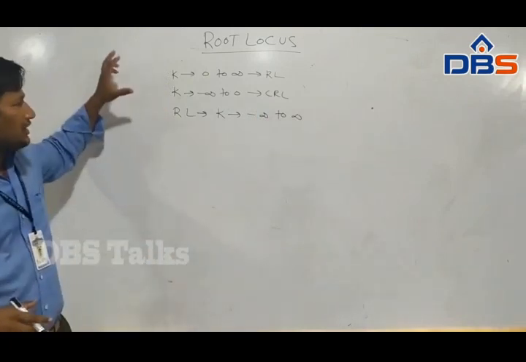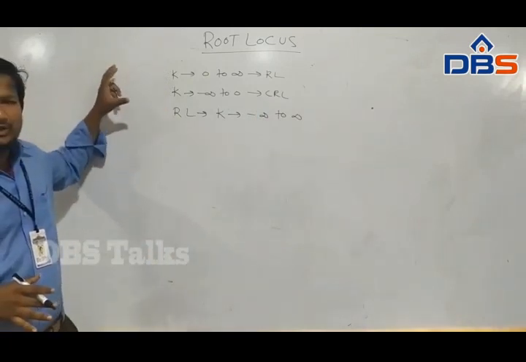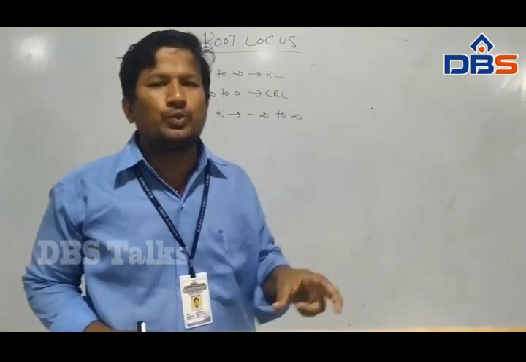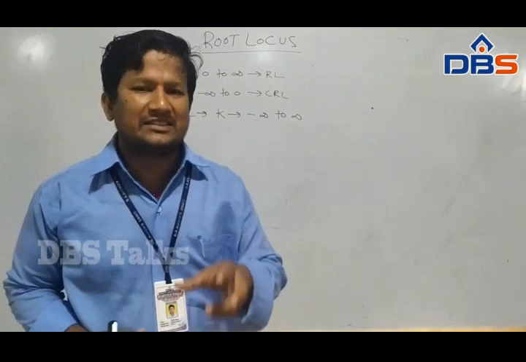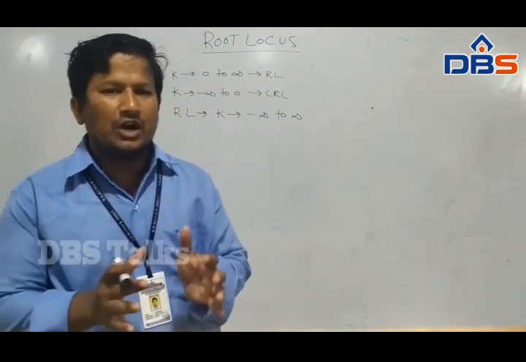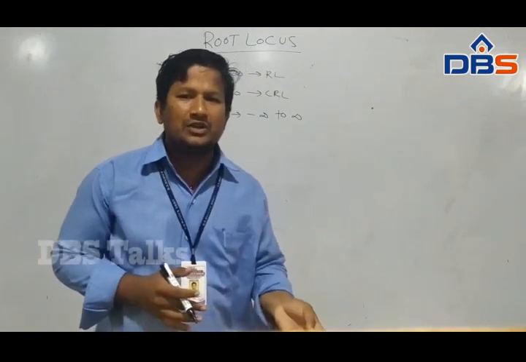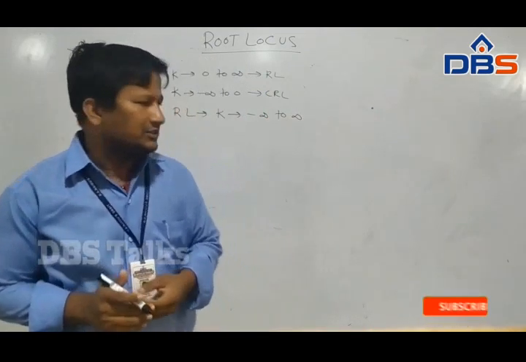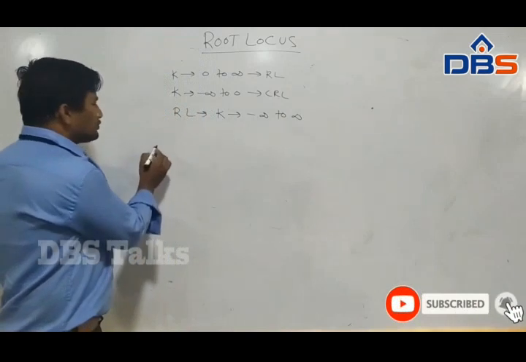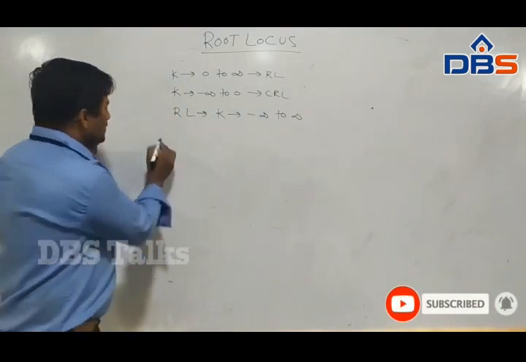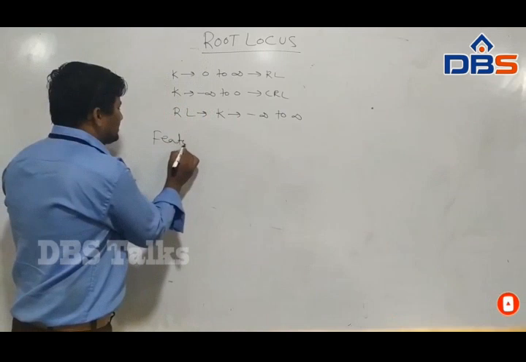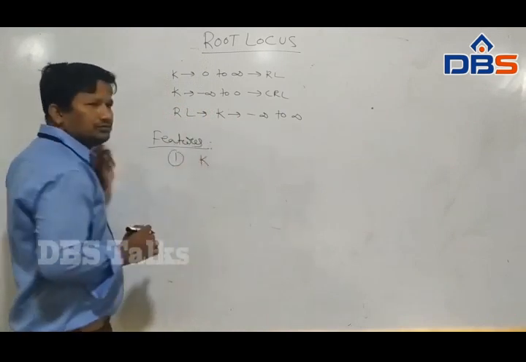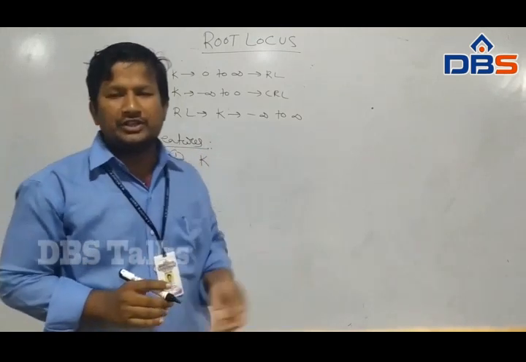Simply put, the root locus technique may be utilized to determine the movement of the closed loop poles in the j omega axis or s plane, so that we can determine the k value and also the stability of a particular system. The main features or advantages of root locus are these. First, it will determine the k value with a range of 0 to infinity.